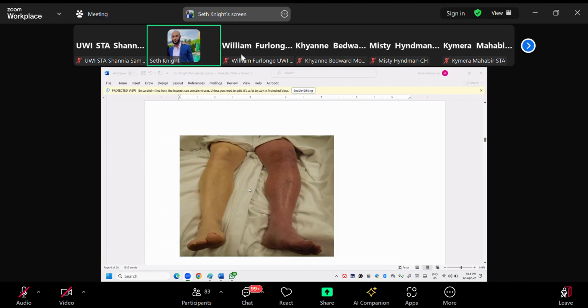The elderly patient had this sudden onset of pain. And now this is how the limb presents. What is that? DVT, right? So acute DVT, but I want the specific. So who has it there?